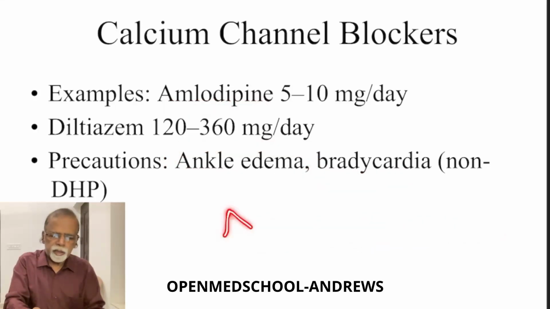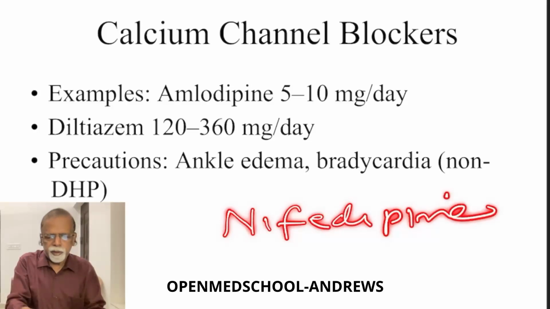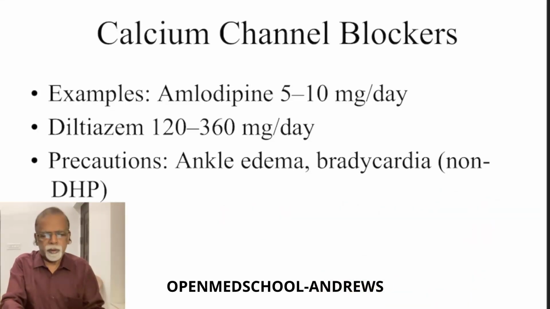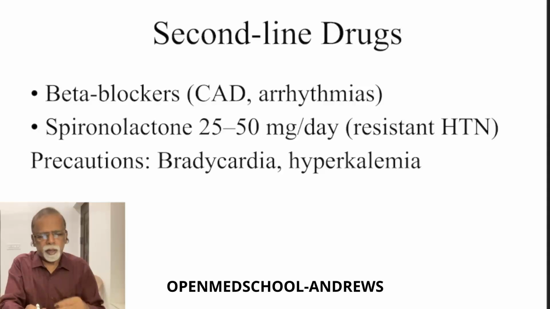Then another drug is nifedipine. If you are giving nifedipine, either give the controlled release form or at least the retard preparation. The capsule form should not be given. Then the other drugs, beta blockers.